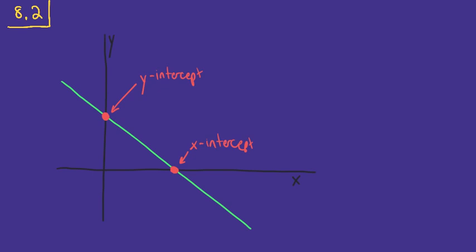One thing about both of these, if we look at the y-intercept, we don't really know how far up it is. Depending on the scale, this could be 100 up. It could be 1 up. It could be 3 up. We don't know how far up it is. But as far as left to right goes, this point is 0 on the x-axis.